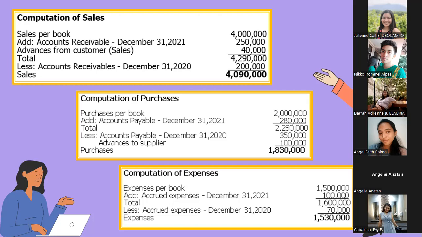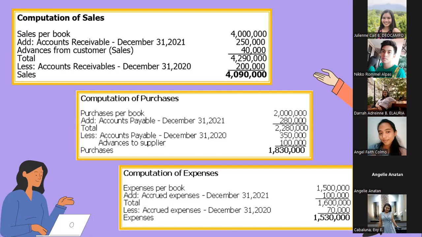Then we also add advances from customer in 2020 that we credit to sales in our entry number 2 of 40,000. So total 4,290,000, less accounts receivable December 31, 2020 of 200,000. It is from our entry number 1 wherein we debit sales and credit retained earnings. So our total sales for accrual basis is 4,090,000.